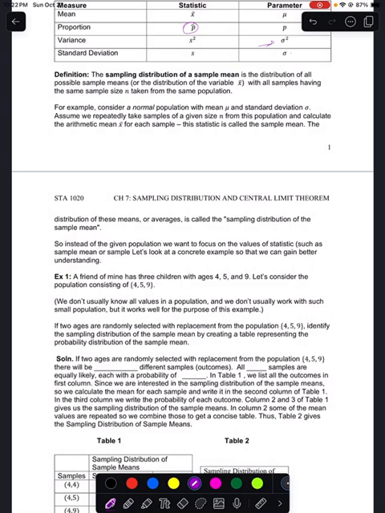Which means we will have 9 different samples, 3 times 3. All 9 samples are equally likely, so the probability of each will be 1 over 9.